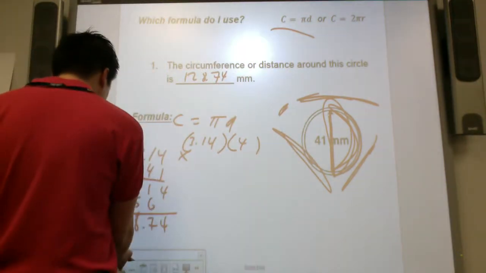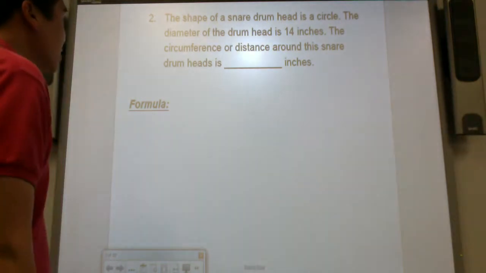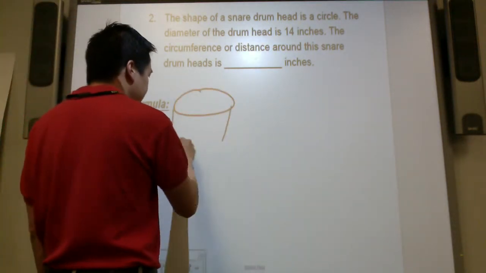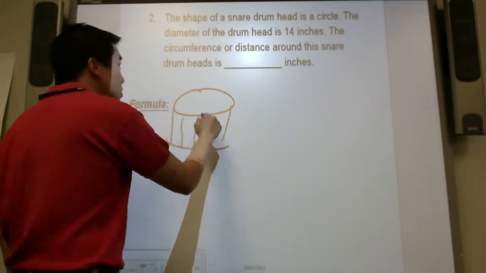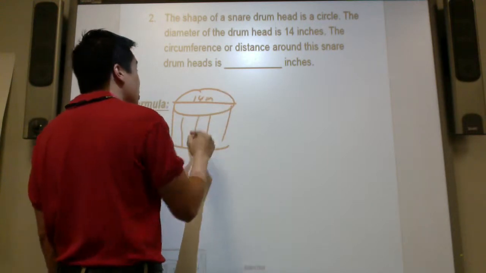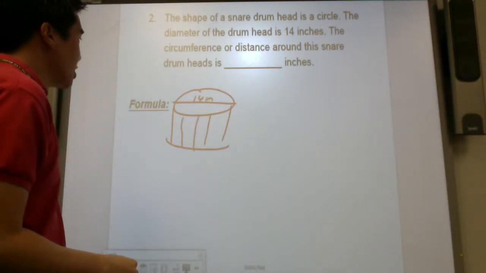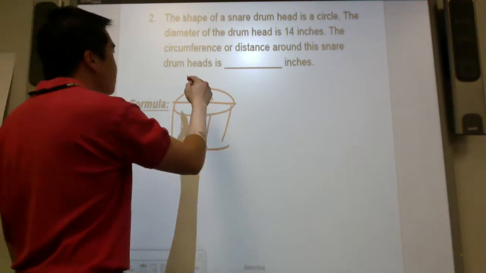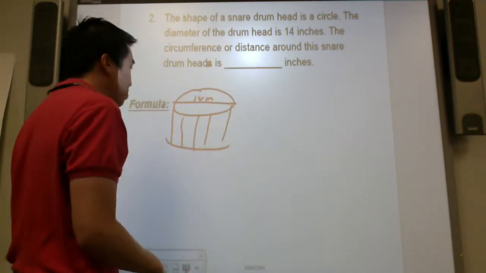Next one. The shape of a snare drum's head is a circle. Here's a drum. So this is a circle. The diameter is 14 inches. The circumference or distance around this snare drum is blank inches.